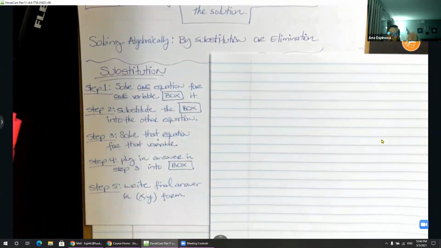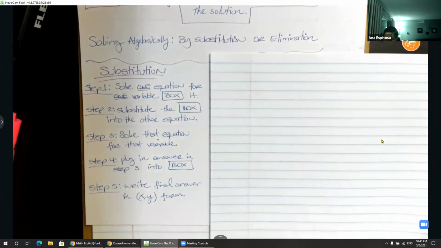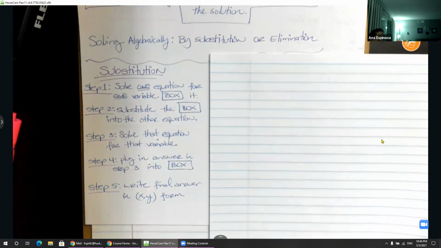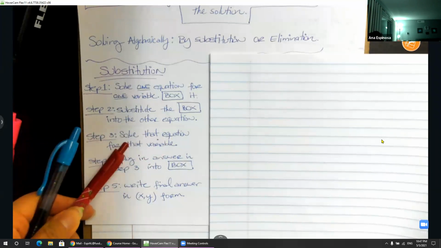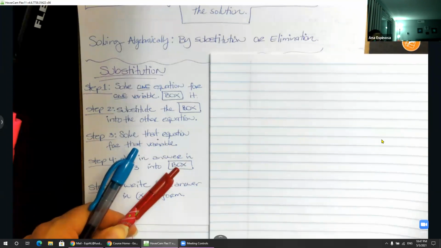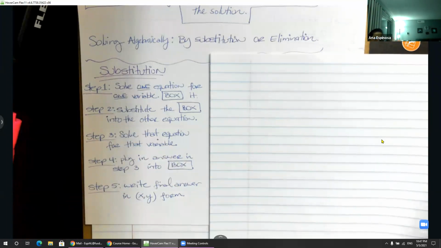When you substitute that box, assuming you did it correctly, then there will be 1 equation, 1 variable. So it'll be solving a multi-step equation, but it'll be 1 variable. And then once you find the answer, so once you solve it, you plug that back into the box, which will get you the second variable. So your final answer has to be written in x, y form. Make sure that you get 2 variables prior to you finishing the problem.